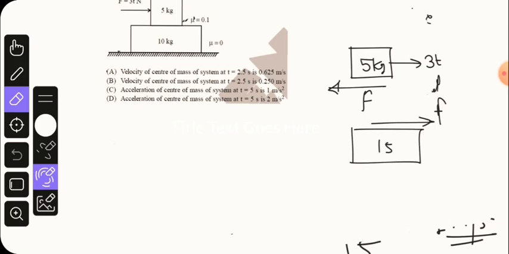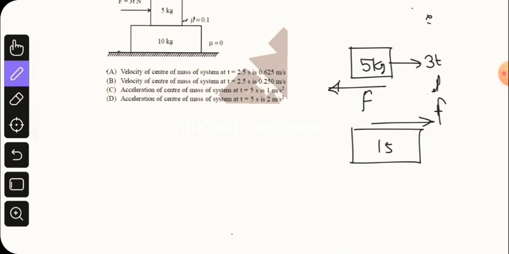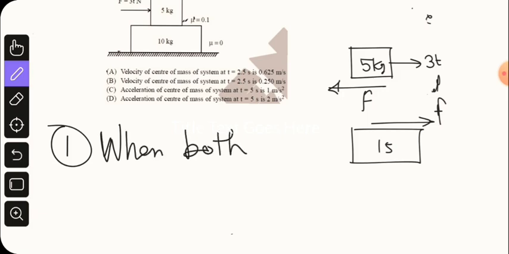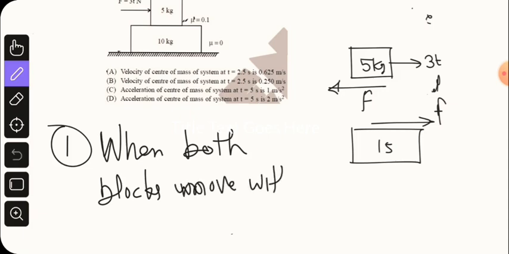One, when both blocks are moving with the same velocity, and second, when both blocks have some relative motion, right? So the first condition is when both blocks move with the same velocity.